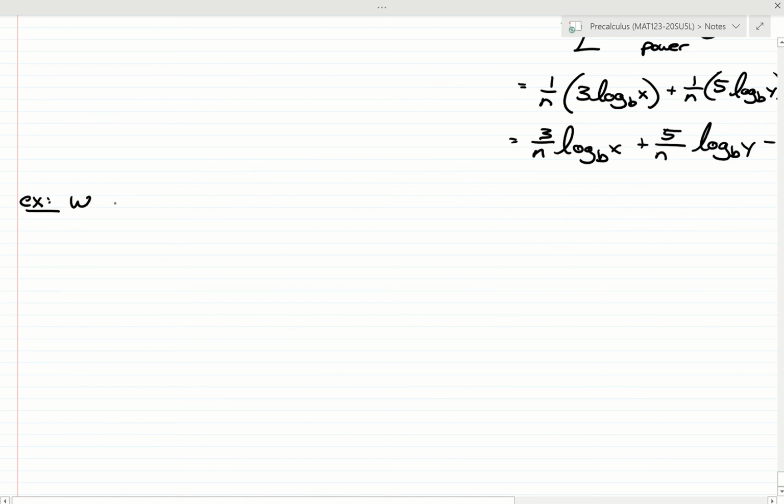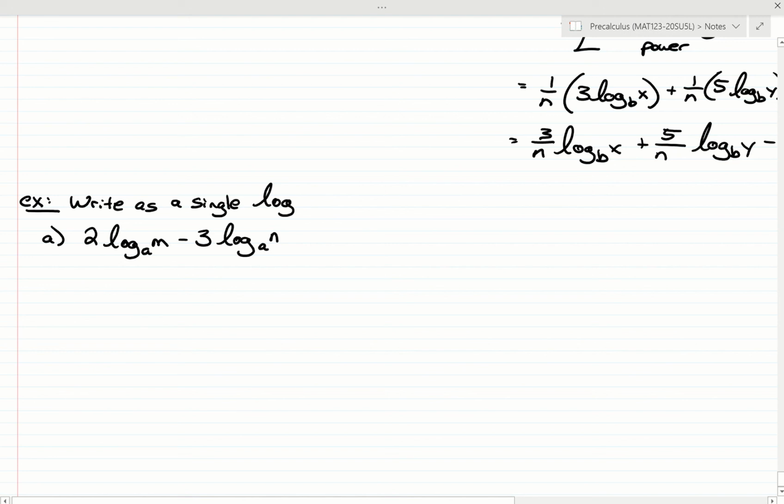So let's write as a single log: 2 times the log base a of m minus 3 times the log base a of n. Okay, well I see a quotient property and a power property, but we can't use the quotient if there's numbers in front.